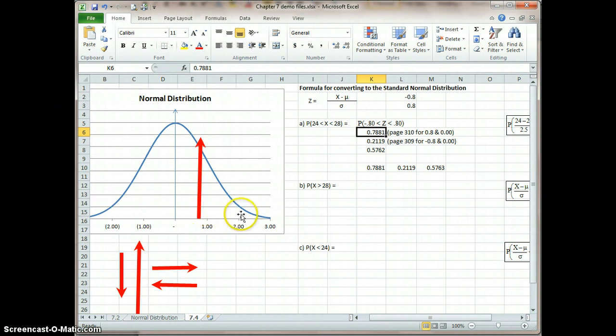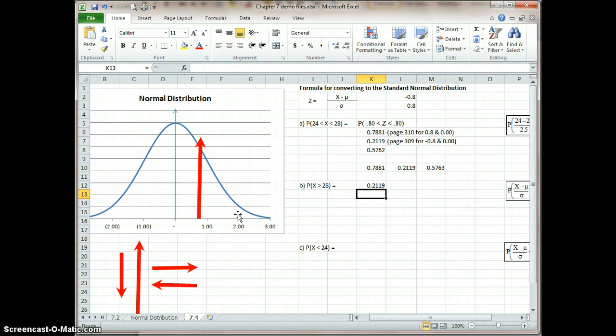If we want to know the probability here, we know that the total probability under the curve is equal to 1. If we subtract the probability of everything from here over, that gives us the probability of it being greater than 28 hours, the 0.2119.